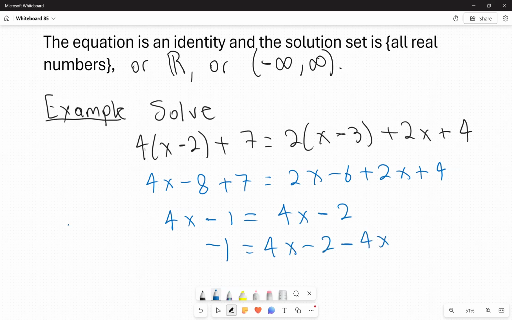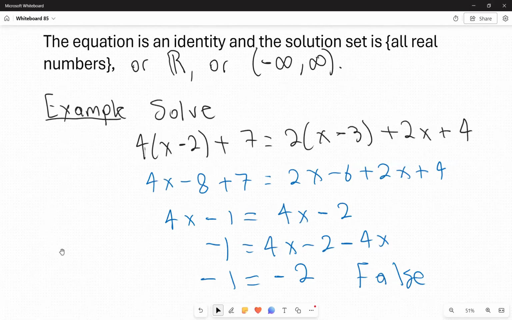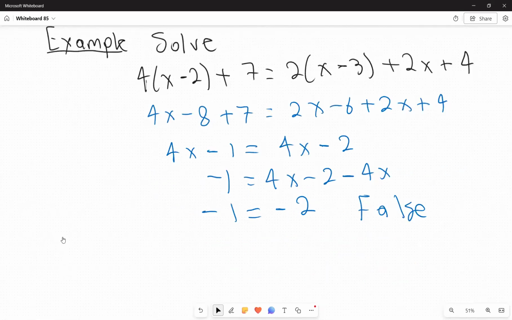So 4x minus 4x cancel out, and -1 equals -2. You know this is a false statement. So the equation is a contradiction and has no solution.